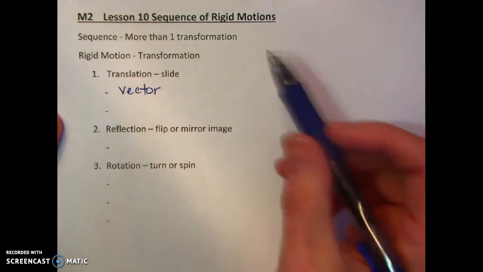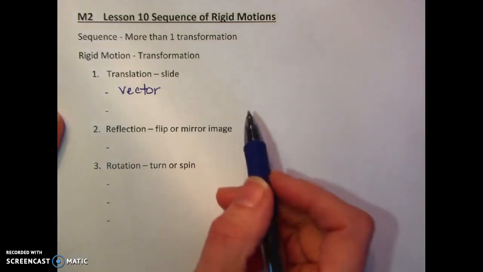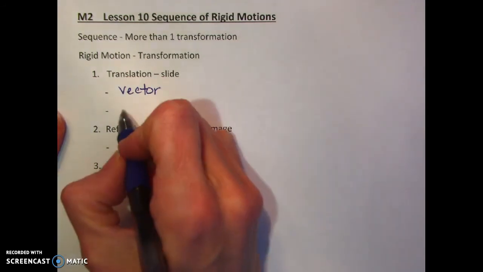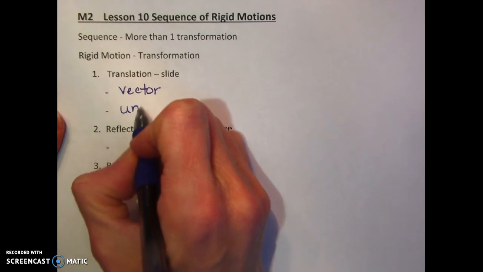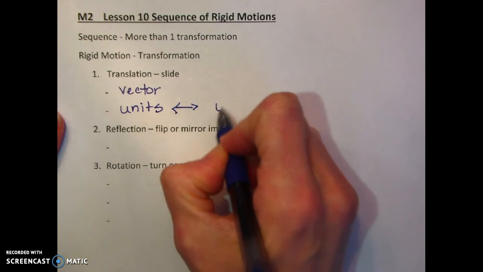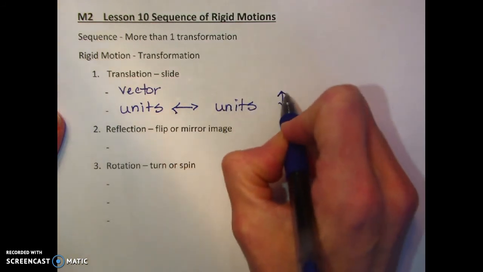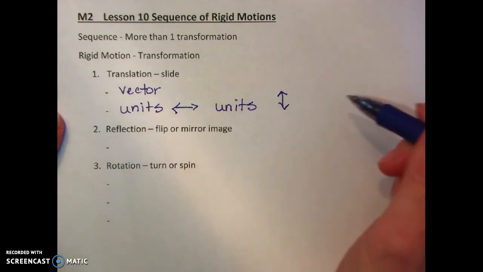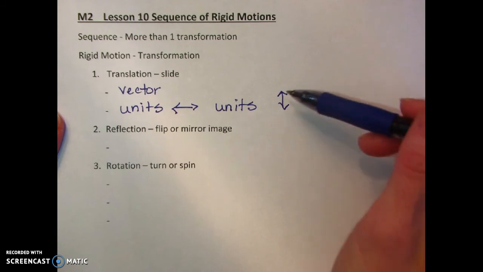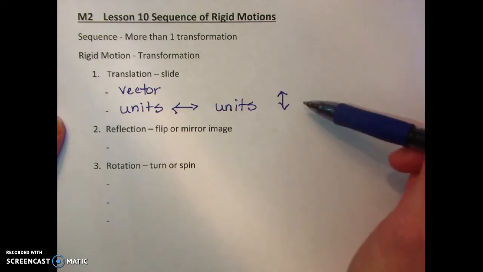So you show me which direction, an arrow, a line, or if it's on a piece of grid paper, then you can show me or tell me the number of units that it was translated left or right, or the number of units it was translated up or down, or if there's a combination of those things, you need to tell that. So that's what you have to tell if there's a translation. Okay, along what vector, or left or right, up or down, how much.